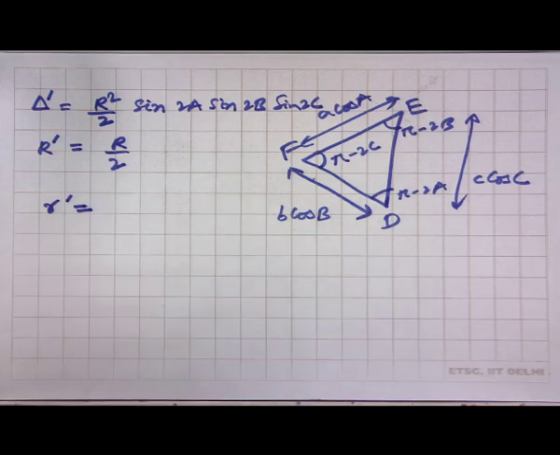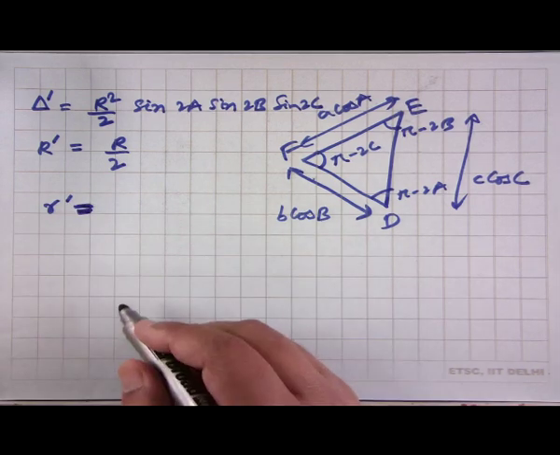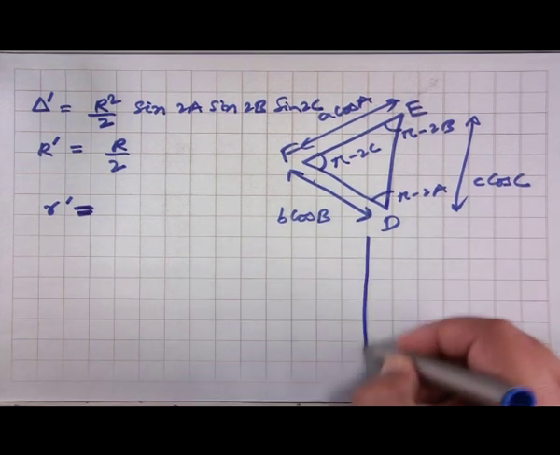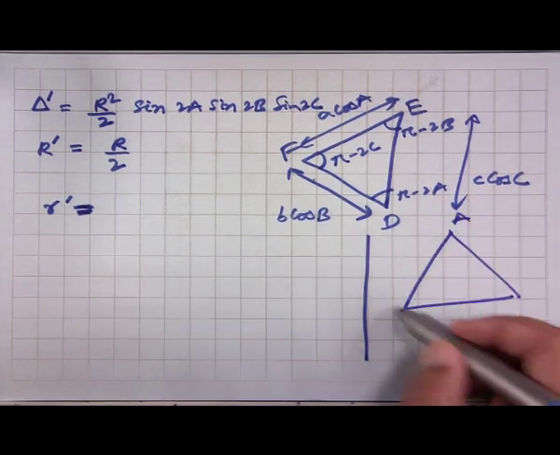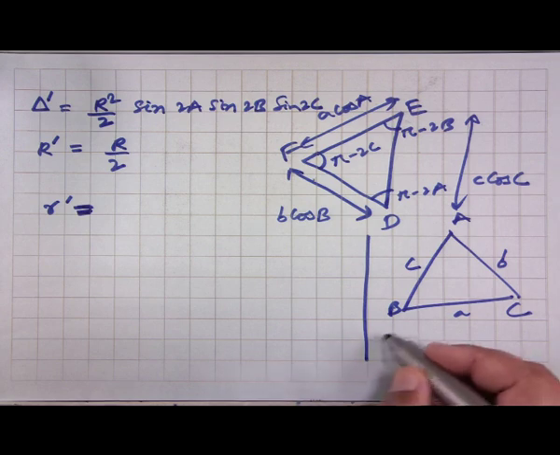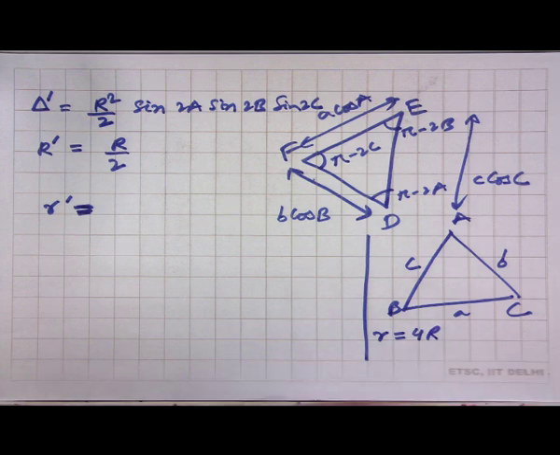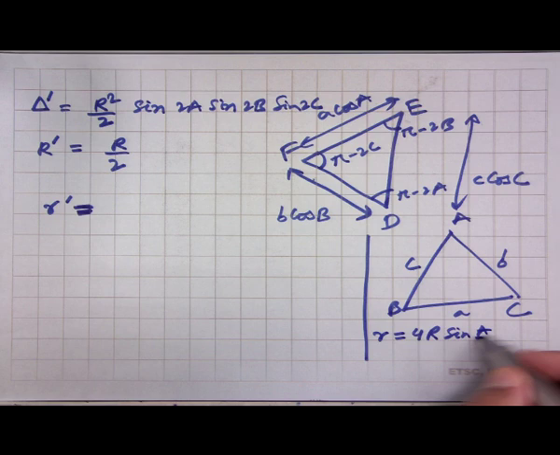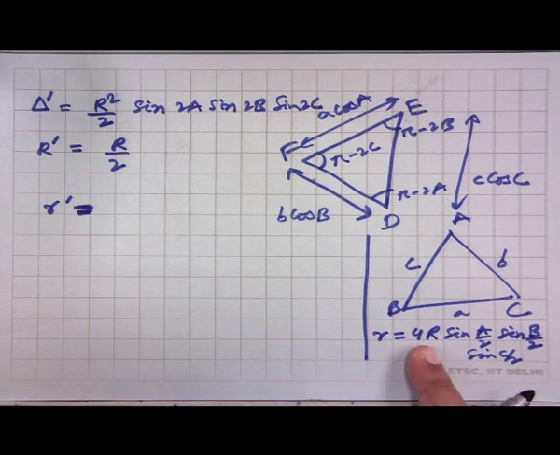If we go back to our previous lectures, we know that for any triangle ABC, the inradius is equal to 4 times the circumradius times sin(A/2) times sin(B/2) times sin(C/2). So, the product of the sines of the half angles times 4 times the circumradius.